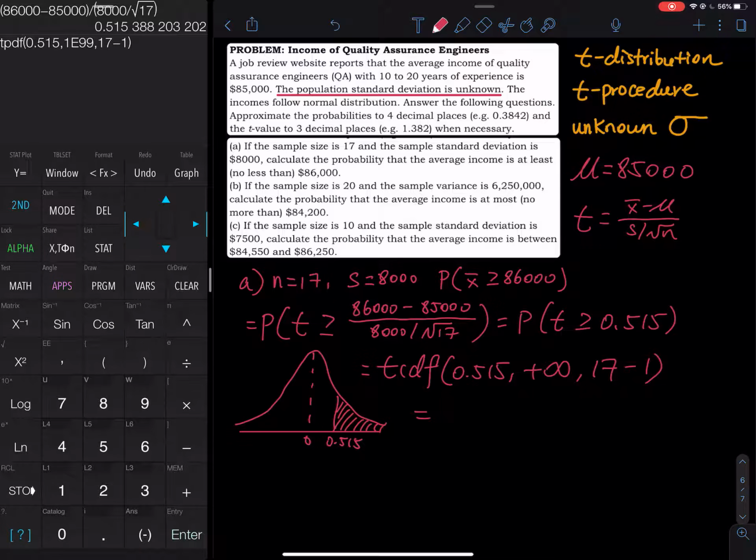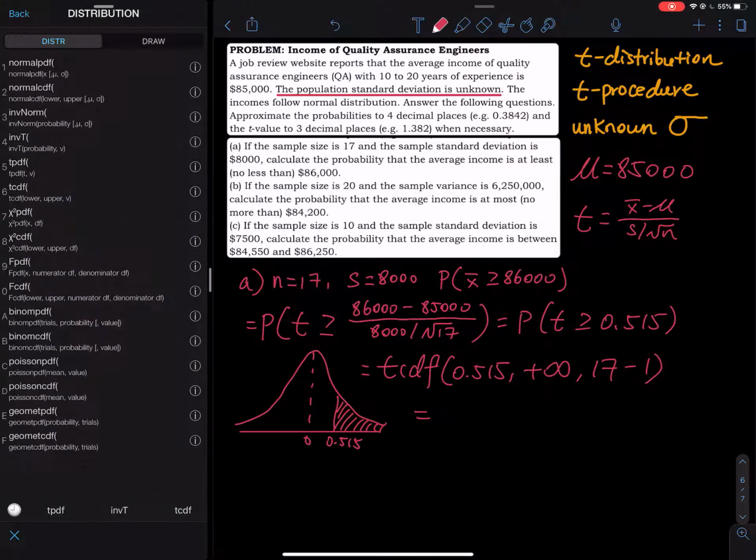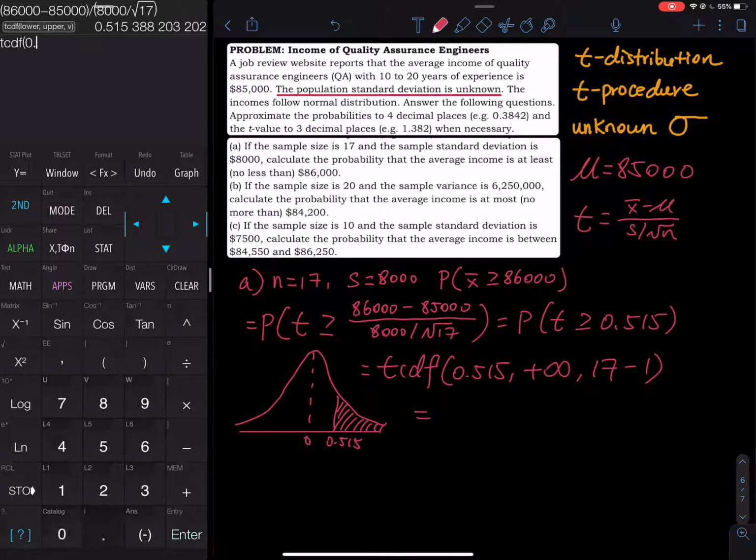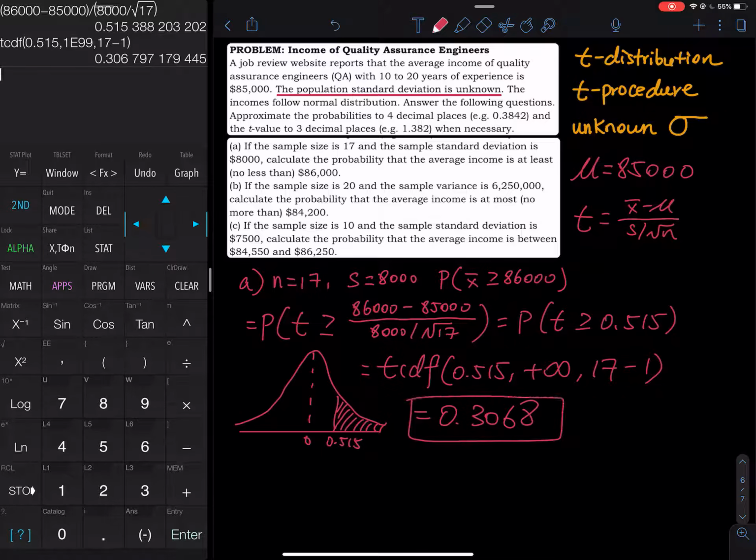Oh, I typed PDF, sorry. Okay, second vars, t-CDF, 0.515 to positive infinity, and then 17 minus 1, so we have the area 0.3068. So that is the answer to the first problem.